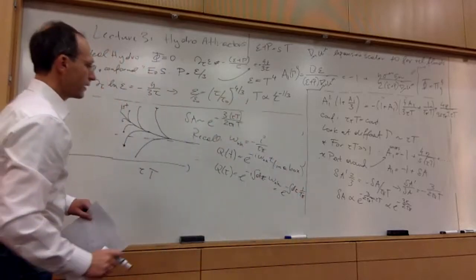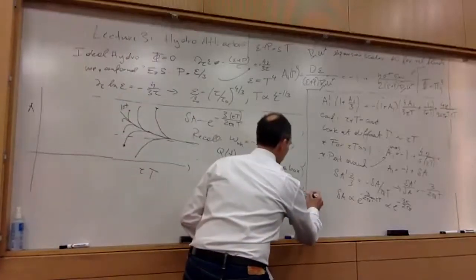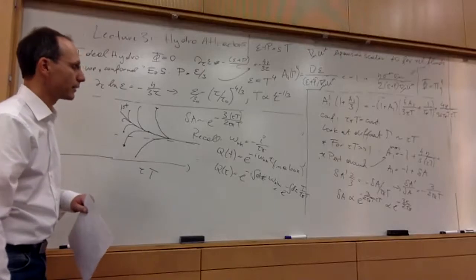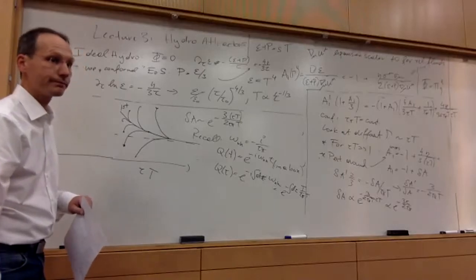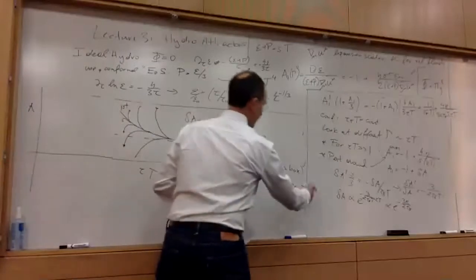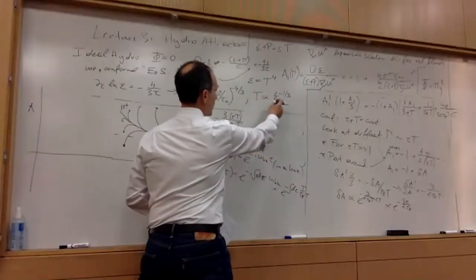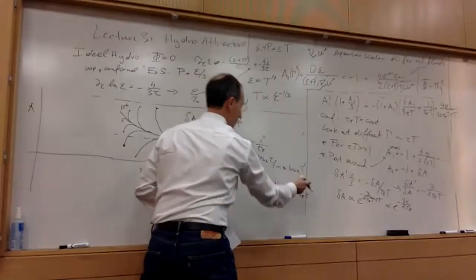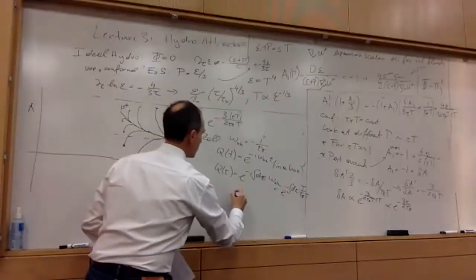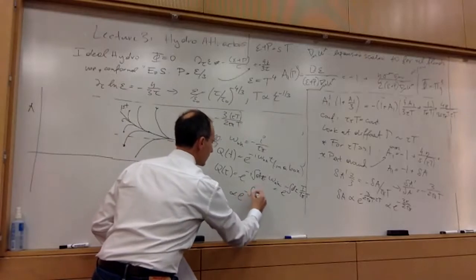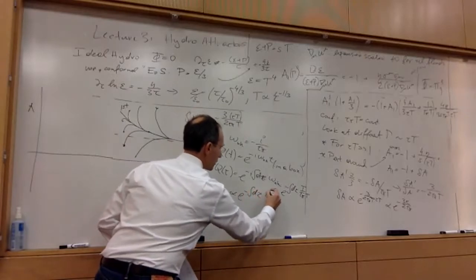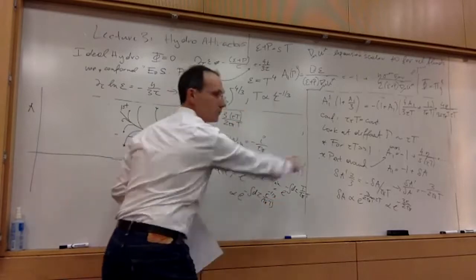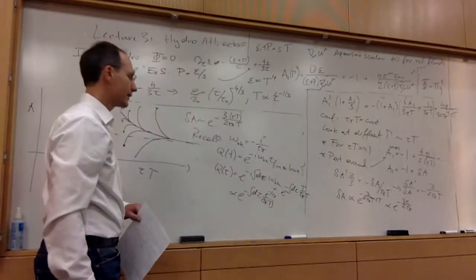I can write this as 1 over tau_pi T, divided by T, where T is the temperature. If I am at late times, the temperature scales like tau to the minus 1/3. I can plug this in here and find that Q will scale as e to the minus integral d tau tau to the minus 1/3 times 1 over tau_pi T, which I say is a constant, because that's what my conformal theory tells me.